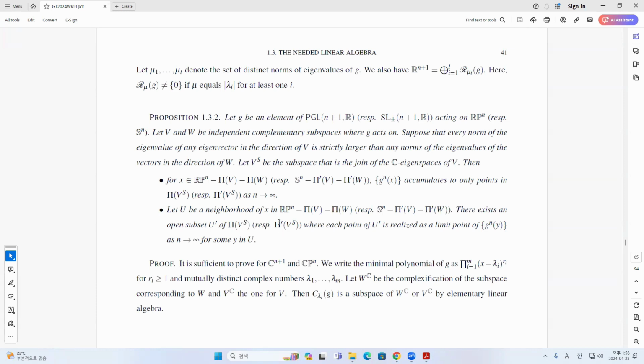And if there's any neighborhood of x in here, then there exists an open subset where each point is realized as a limit point of some subsequence.